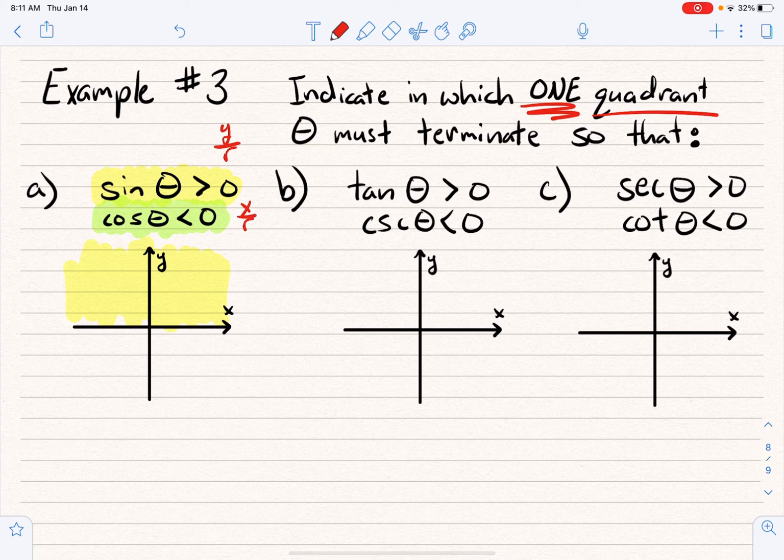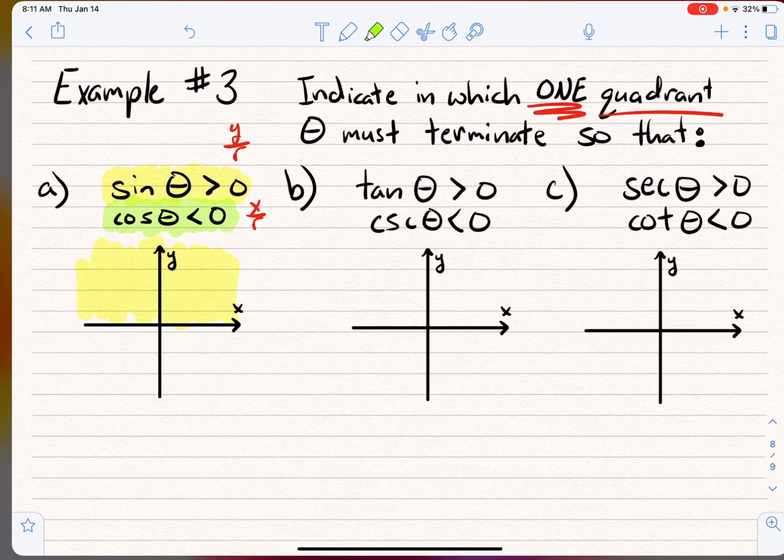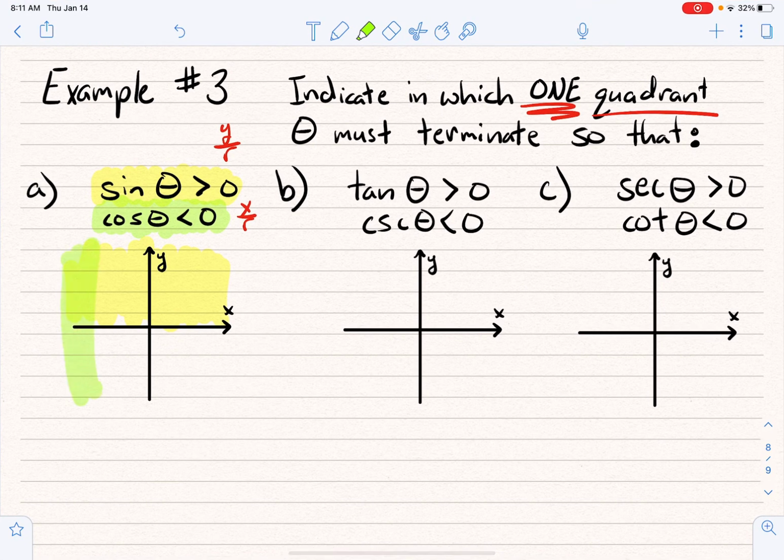Cosine theta is x over r, and for that to be negative, that would be where x is negative. And that would be everything back over here. So where do those two overlap? Right here. Quadrant 2. And so this is the kind of thing you can do. You're given two pieces of information and you have to find where they overlap.